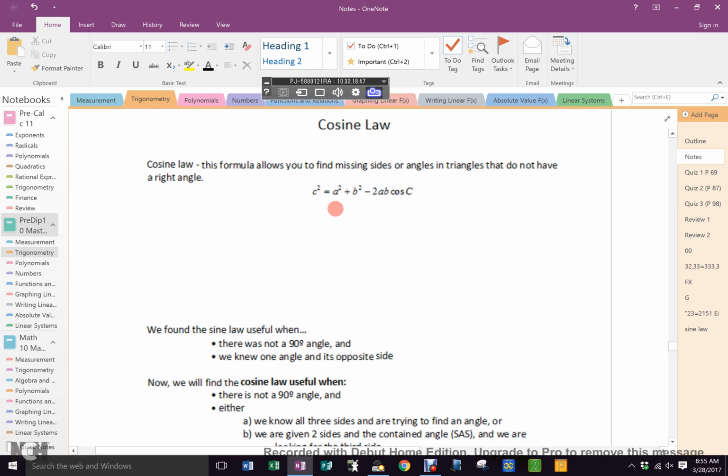This is a formula, right, guys? So side C will be found by adding the squares of the other two sides, subtracting twice those same two sides multiplied by cos C, correct?